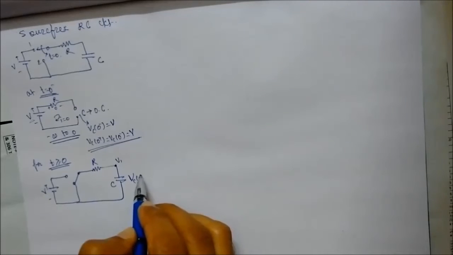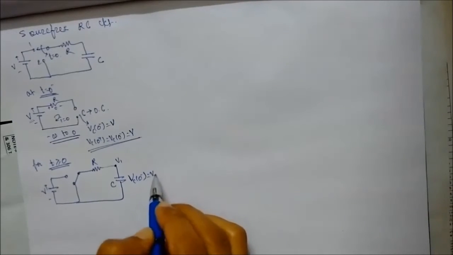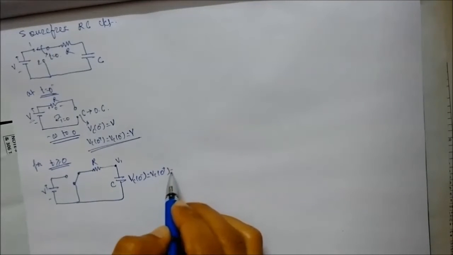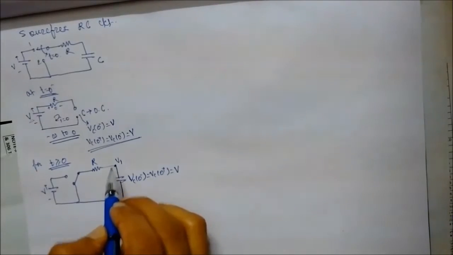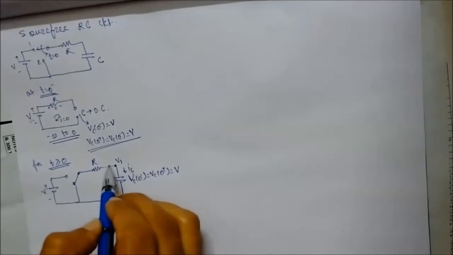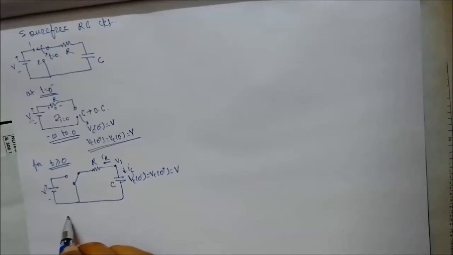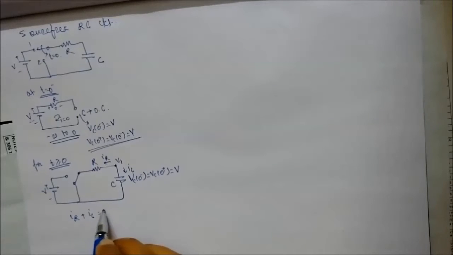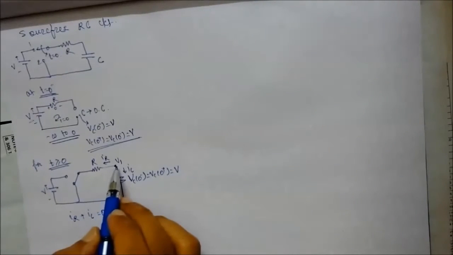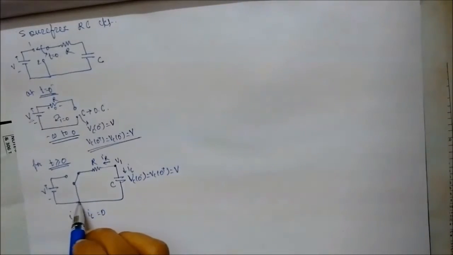This is Vc at 0 minus, that is equal to Vc at 0 plus, that is equal to V. So let's say IC is current flowing through the capacitor, IR is the current flowing through resistor. Then using KCL we can write IR plus IC is equal to 0.